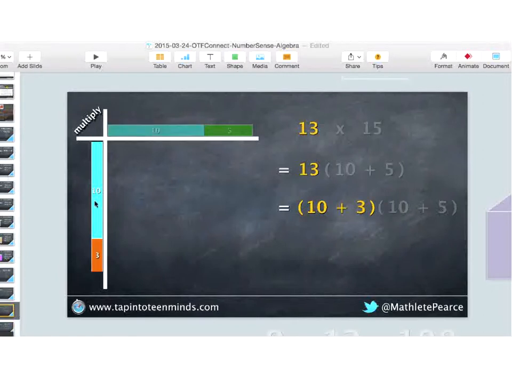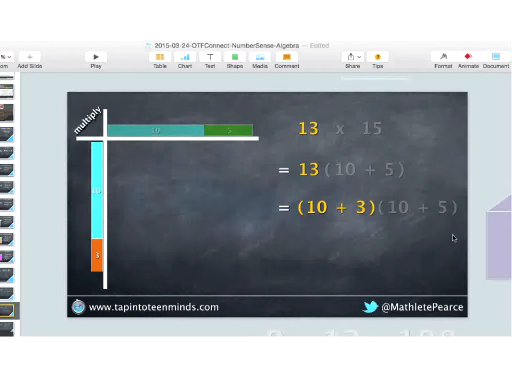And some folks may not recognize this, but when we look at (10 + 3) and (10 + 5) in brackets, this is multiplication that comes up again in grade 10, in both the grade 10 academic course and the grade 10 applied course, that students typically have never seen before. I've heard some refer to this as double distribution, where you're essentially taking the 10 in the first bracket and multiplying it by both the numbers in the second bracket, and the 3 in the first bracket and multiplying it by both numbers in the second bracket.